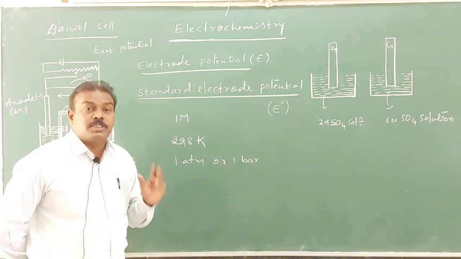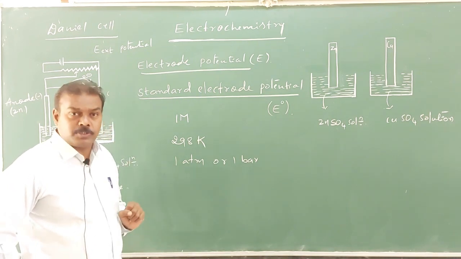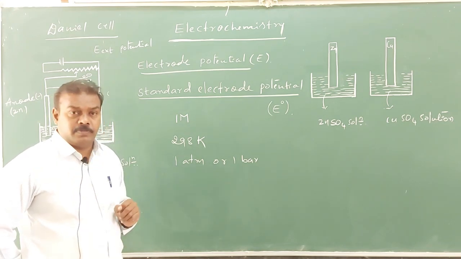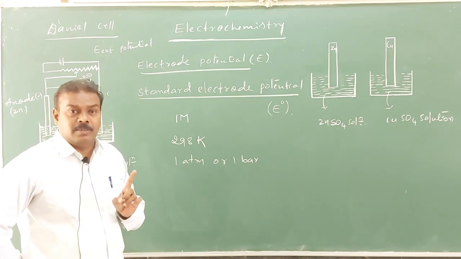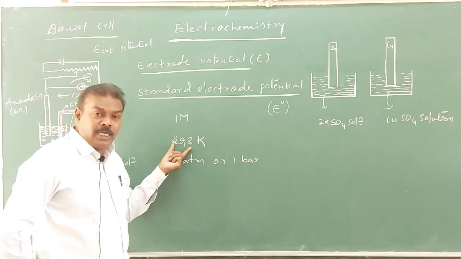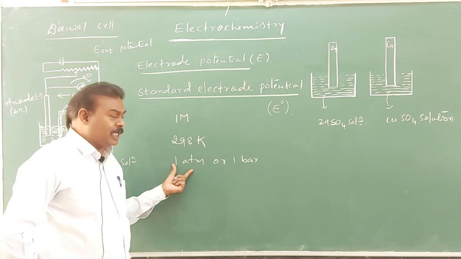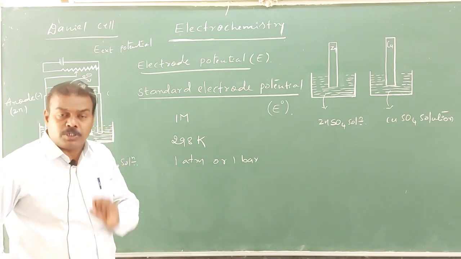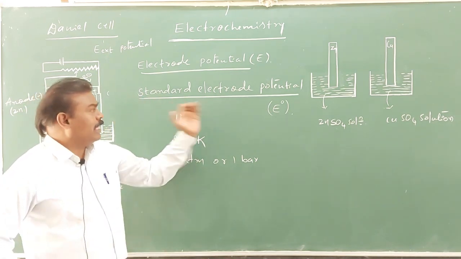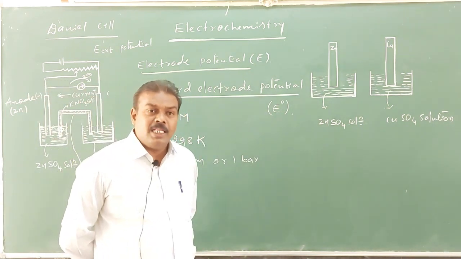So this is known as standard electrode potential, and is given by the notation E naught.